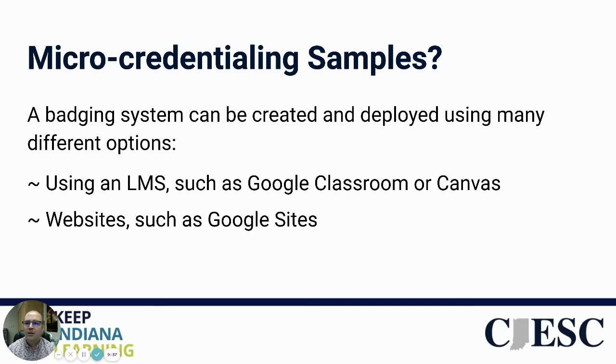We also want to look at what are some different ways we can do this. So one way is you could set it up in an LMS. So you could do it in Google Classroom, Canvas, Schoology, It's Learning. A good friend that works in the northeast side of the state has created his whole badging through Canvas. And it was really neat once he showed that, because then he has it set up into modules.